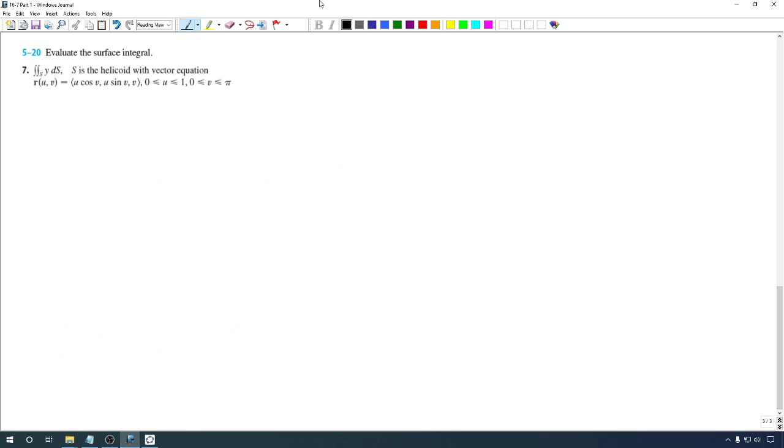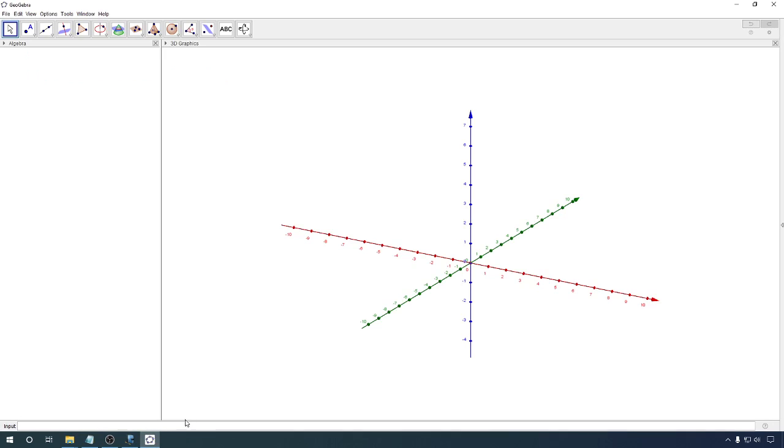Here we want the surface integral of the function just y over the surface that is the helicoid with the vector equation r of u, v is u cosine v, u sine v, and v, where u is between 0 and 1, and v is between 0 and pi. Now, in the last section, we actually looked at this helicoid, and we can go ahead and plot it, so maybe we'll be reminded of what this looks like.